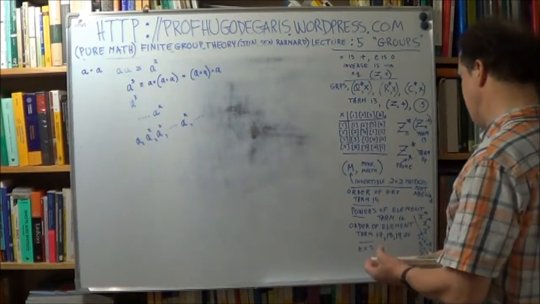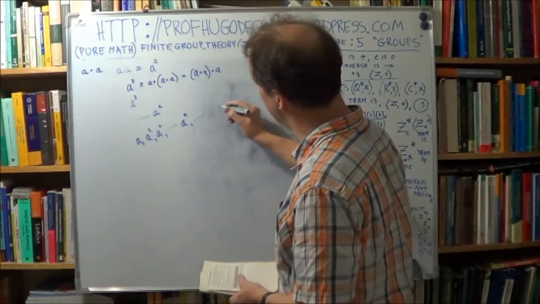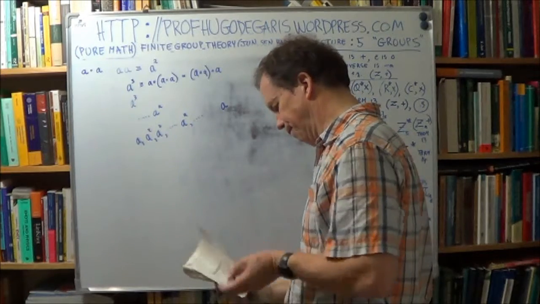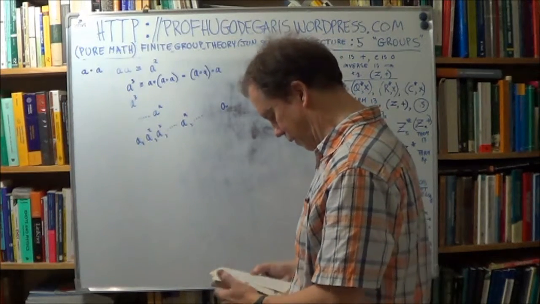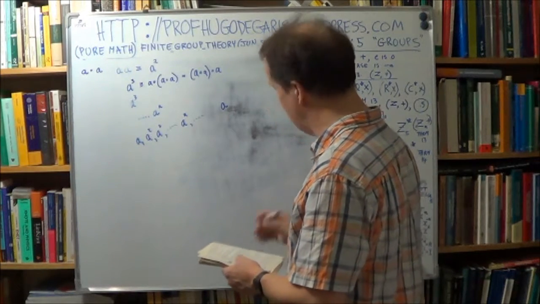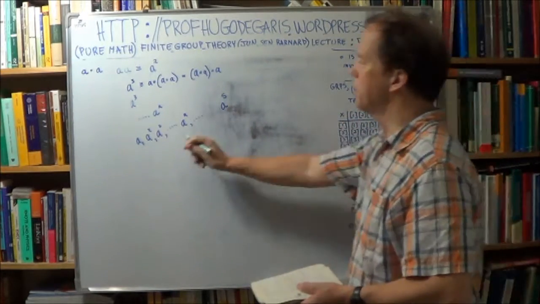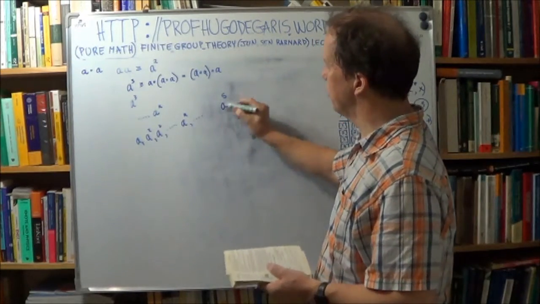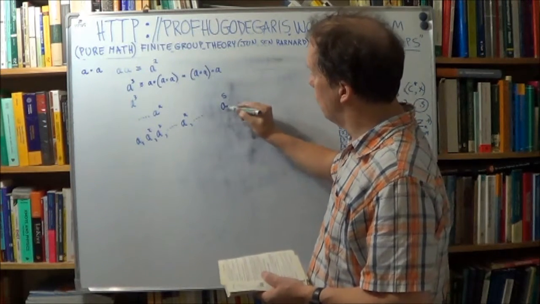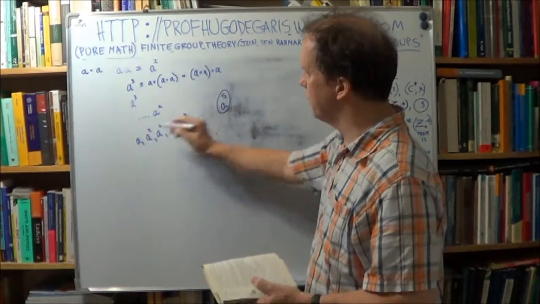So at some stage you have to get an element, let's call it S. At some stage you come to a power, we'll call it S, of A, where that result is equal to one of the ones before.